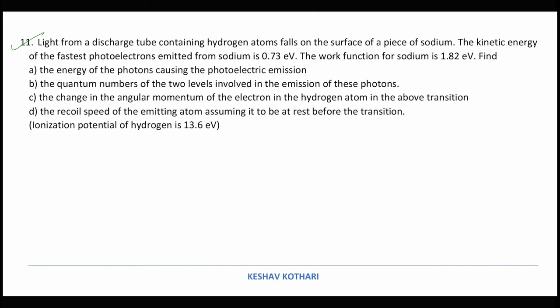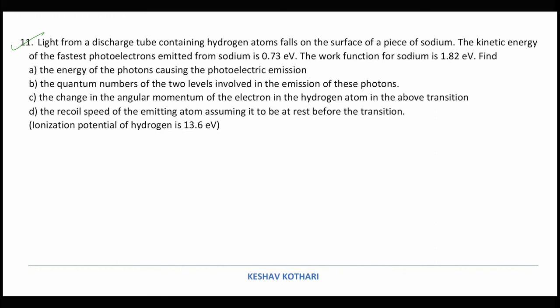Find, A part, the energy of the photons causing the photoelectric emission. B, the quantum numbers of the two levels involved in the emission of these photons. C part, the change in the angular momentum of the electron in the hydrogen atom in the above transition. And the last part, the recoil speed of the emitting atom, assuming it to be at rest before the transition.